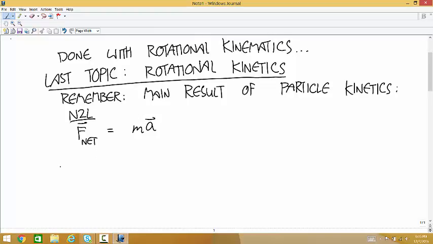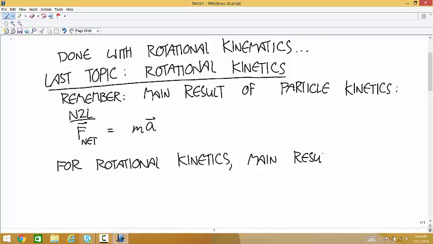For rotational kinetics, the main result, what we're working towards, is, I call it the rotational Newton's second law. It's actually derivable directly from Newton's second law.